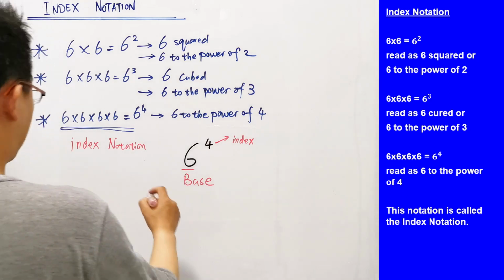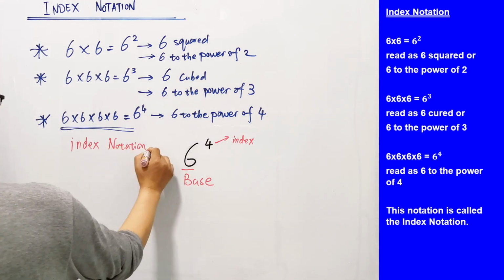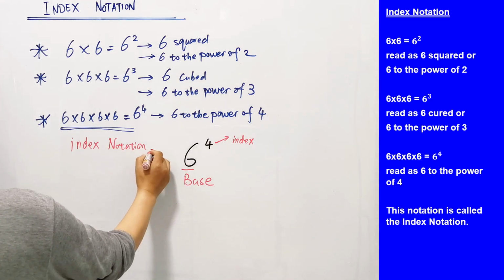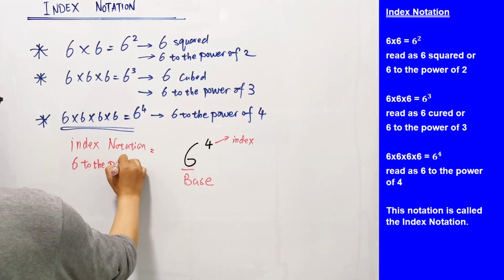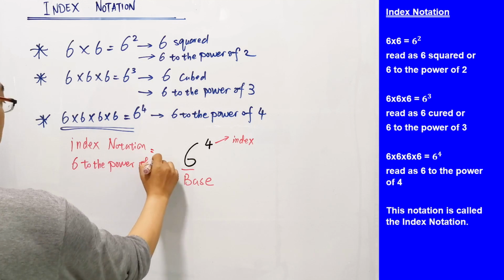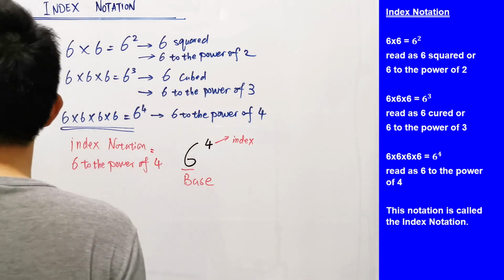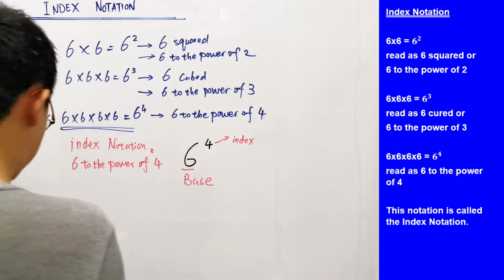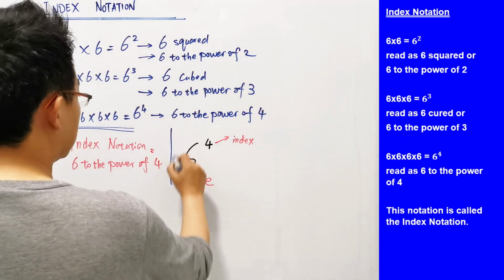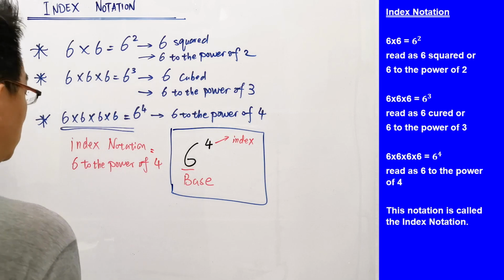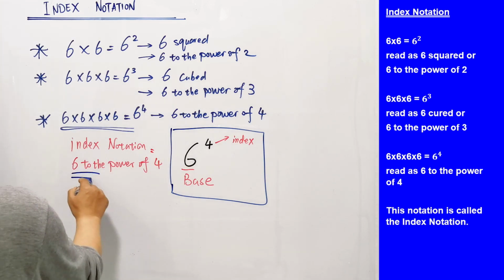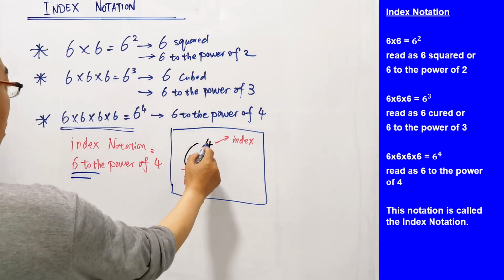So the whole notation is 6 to the power of 4. Basically, we will use this to represent the index notation.